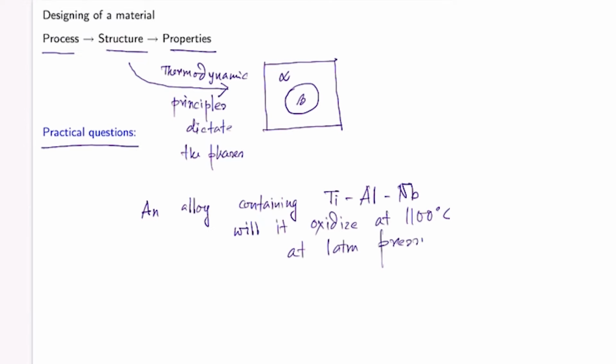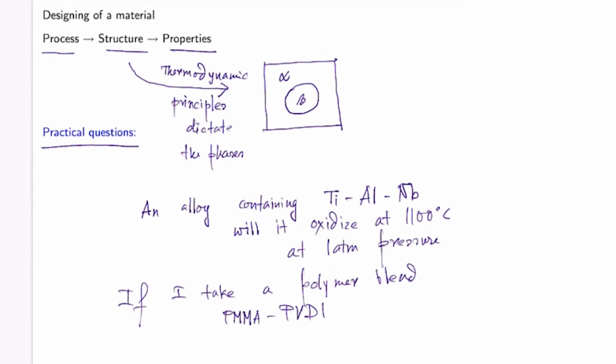Similarly, I can ask, if I take a polymer blend, for example polymethyl methacrylate, which is PMMA, and PVDF, and I have made this blend at some high temperature, and now I take it down to say 50 degrees Celsius and keep it there for some time, will it phase separate?